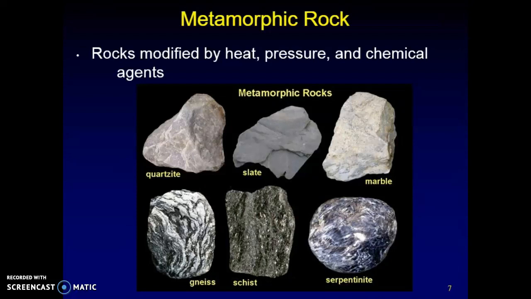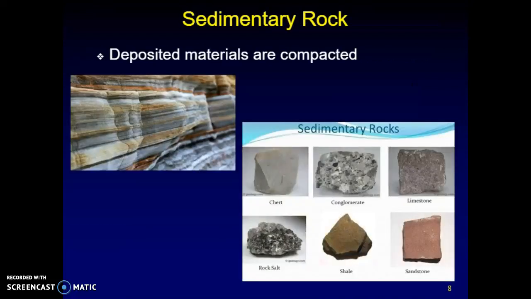And then when we look at sedimentary rock, this is the accumulation of those little tiny weathered pieces of the other rocks that compress, and they just get compacted. The picture on the left here is showing us these different layers and layers and layers of deposited materials that got compacted over and over and over.